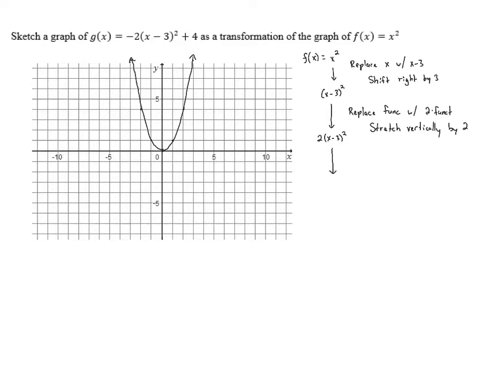Then we take this new function that we have, and we recognize it needs to be made negative. We need that to be a negative 2 times x minus 3 squared. And the way that we get this is we replace our function from the previous step with the opposite of the function.